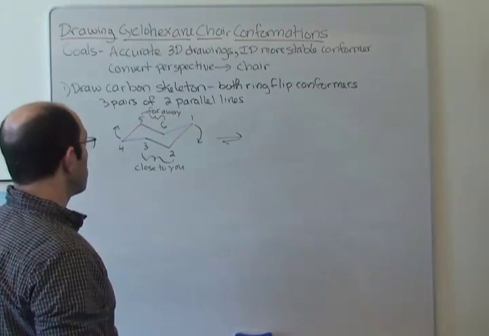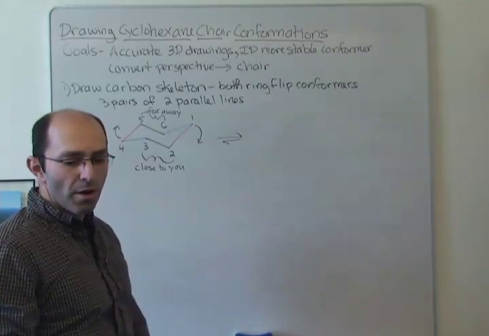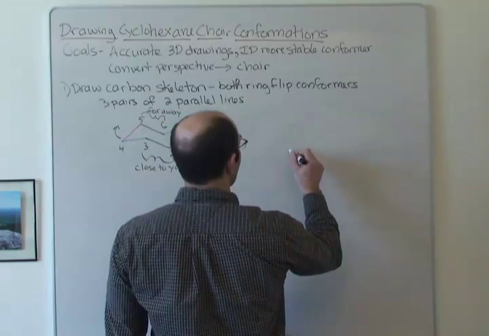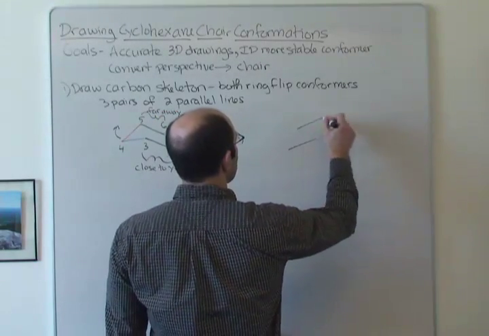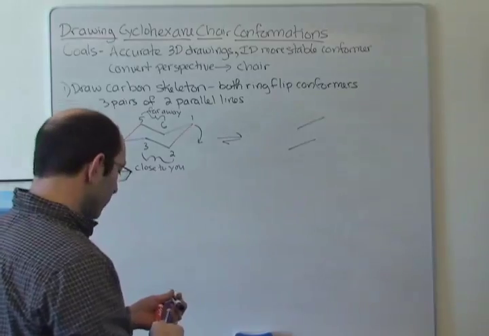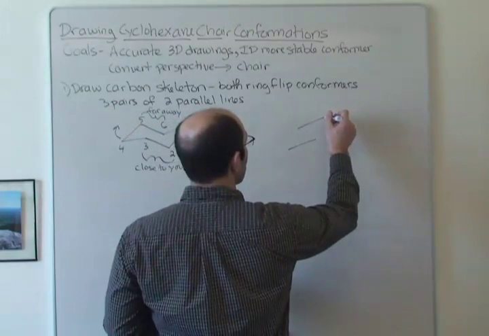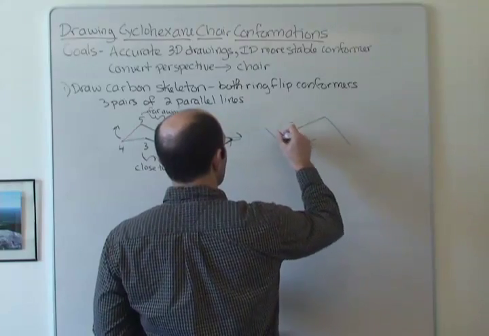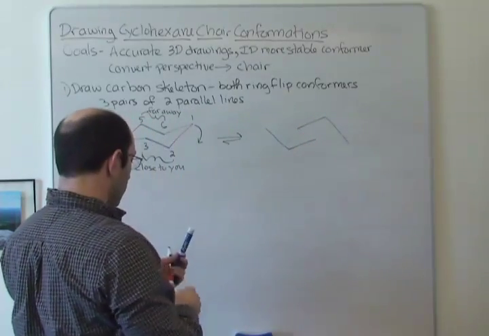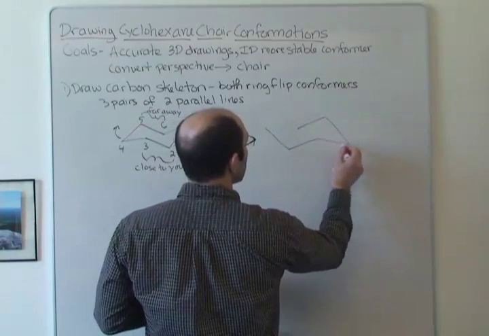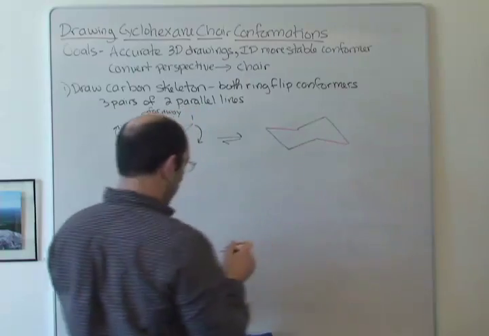Then when you draw the cyclohexane chair, you have to draw it in a different orientation. So if we're going to do the parallel lines, the black lines are going to be like that. The blue lines are going to be like that, and the red lines are going to be like that.